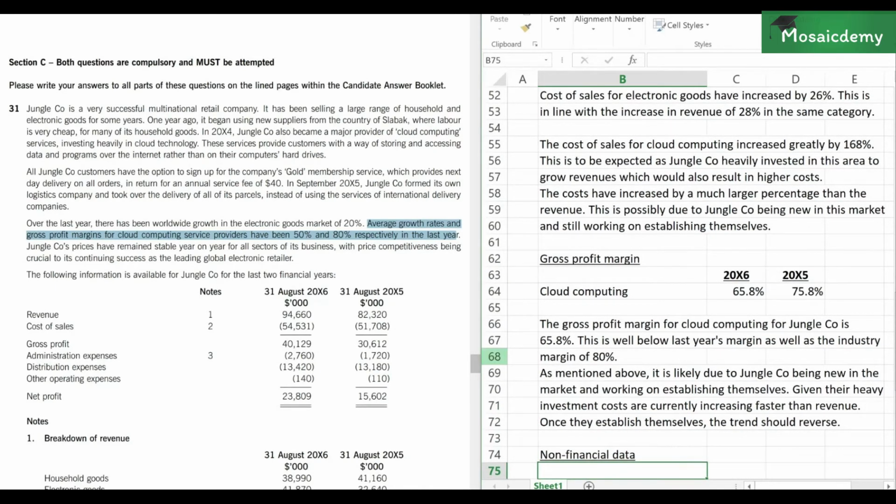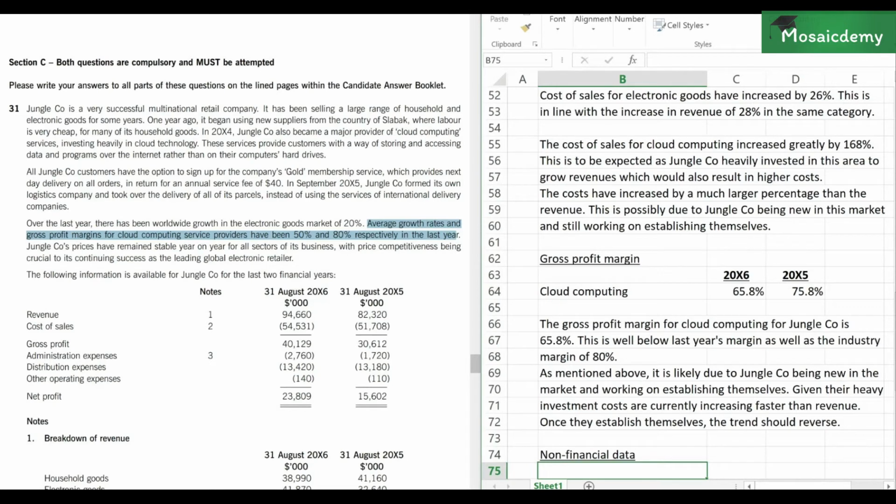Okay, and then the last sentence says Jungle Co's prices have remained stable year on year for all sectors of its business, with price competitiveness being crucial to its continued success as the global electronic retailer. This is a crucial point. Why? If the prices have remained stable, that means revenue has grown due to an increase in volume, or it's fallen due to a decrease in volume, right?